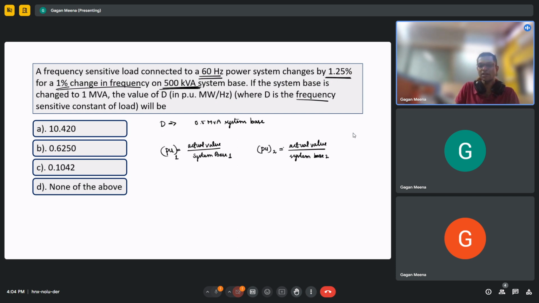So if we equate these two, we get PU1 into system base 1, SB1, is equal to PU2 into system base 2, SB2. And if you want to find PU2, we can write PU1 into SB1 divided by SB2.